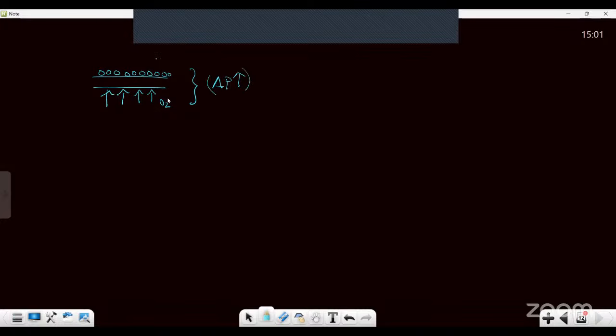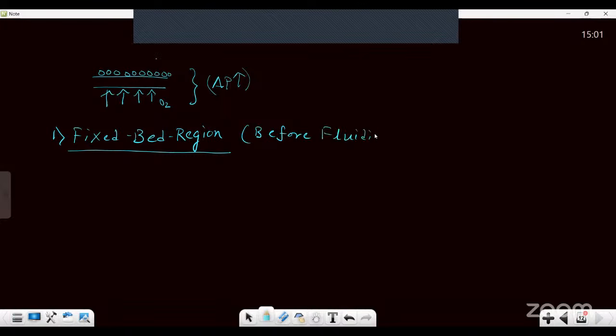So the first stage is sometimes called the fixed bed region. Before fluidization has started, particles are stationary. Gas just percolates through the voids between them.